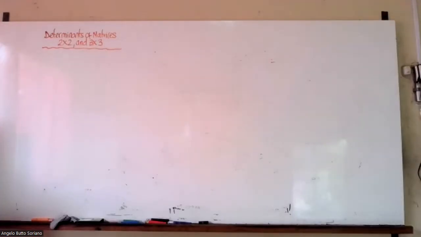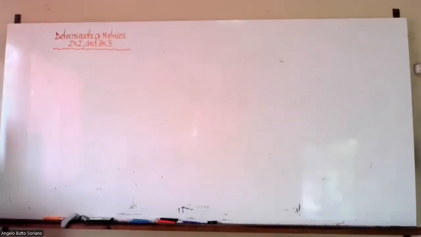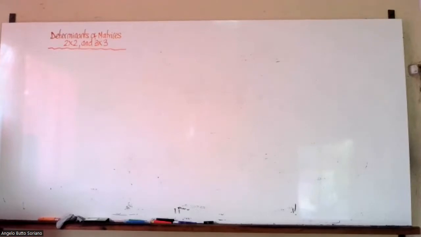And let's begin, right? We have the new lesson talking about the determinants of matrices. In this case, we will talk about how to calculate them. What is the determinant?